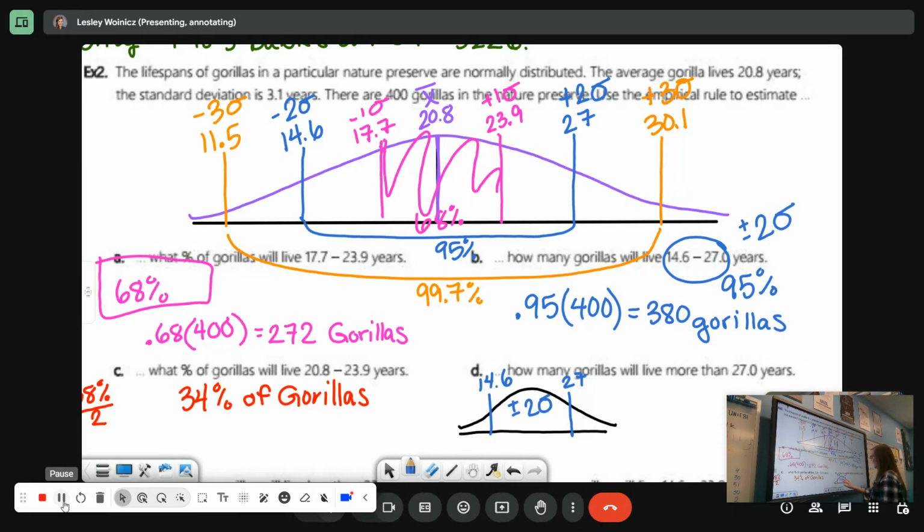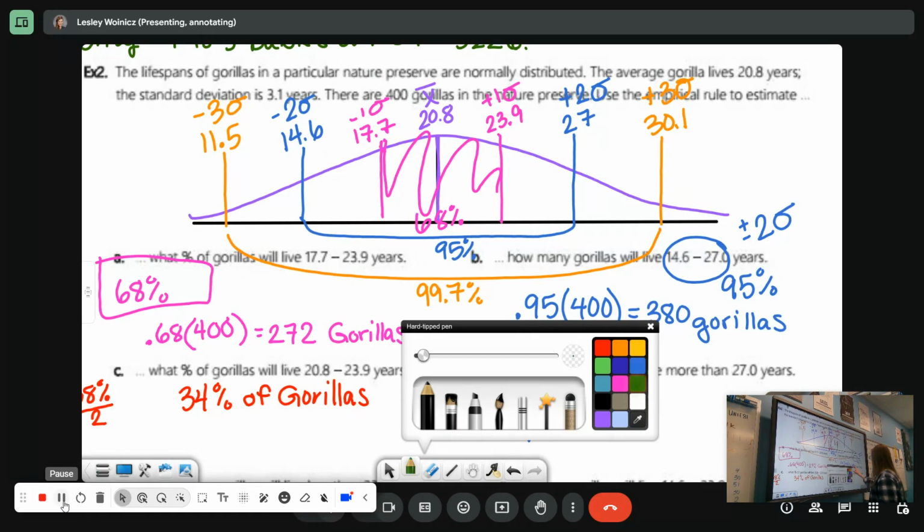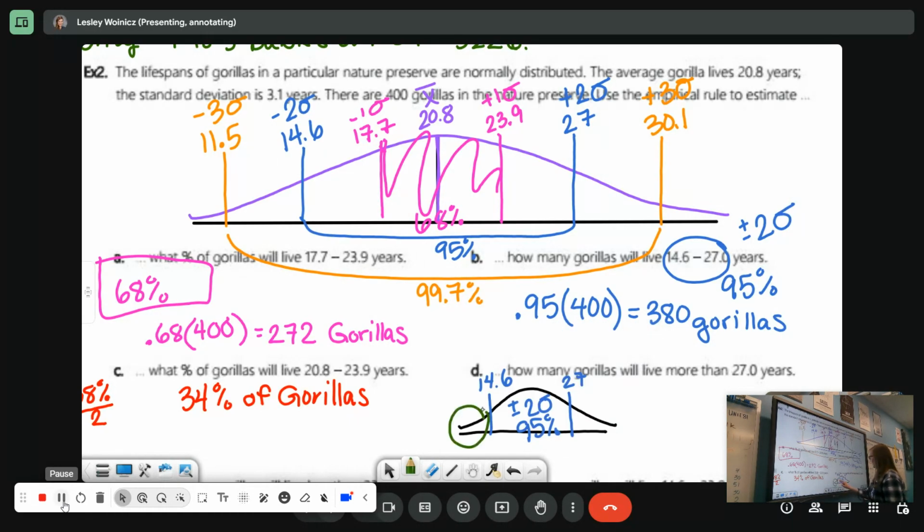Okay, so that's 95% of our data. The remaining 5% of our data is on the ends. So this bit and this bit add up together to be 5%, meaning there's 2.5% at the bottom and 2.5% at the top.